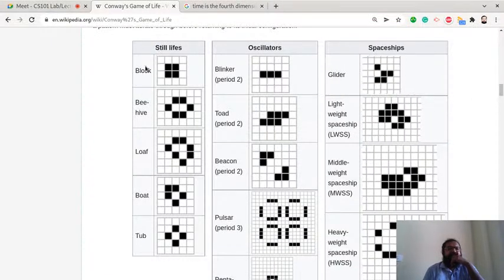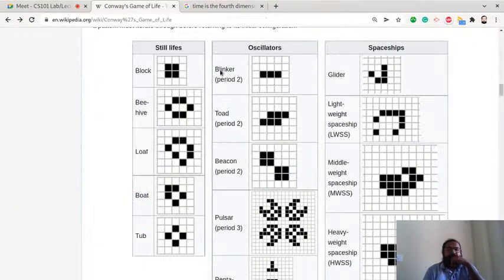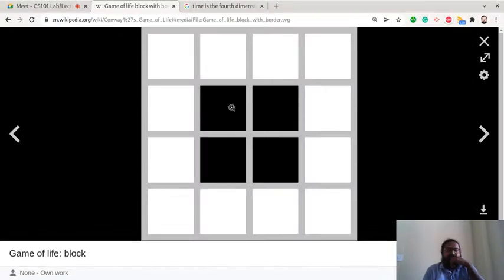Still lives means that if there is a block like this in which these four are alive and the rest of the things marked in white are dead, there are no alive cells there. So let's say these are the four alive cells. So this will be a multicellular organism. You can think about it like that.